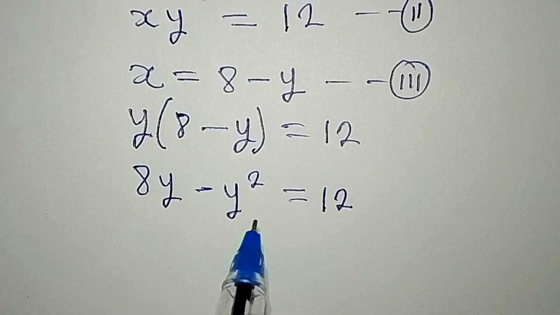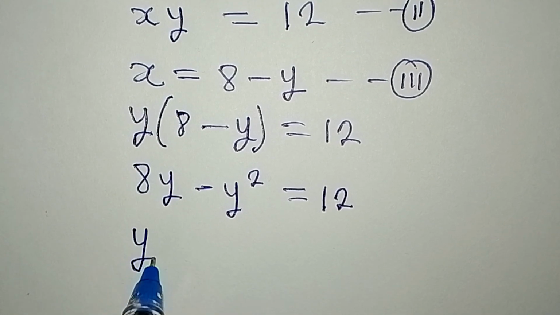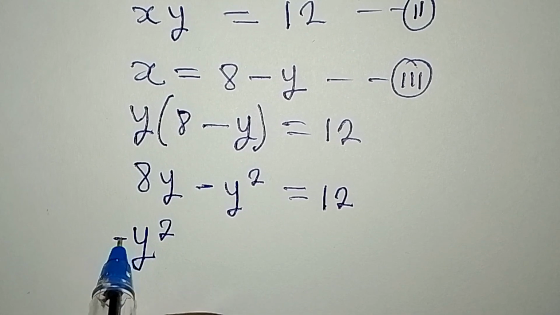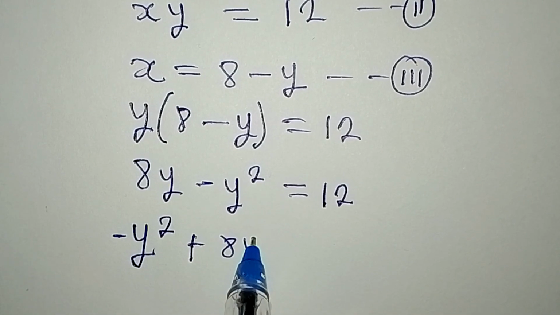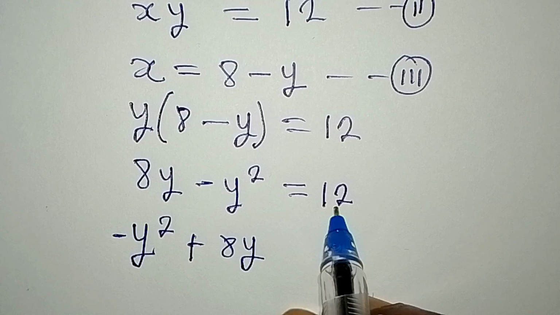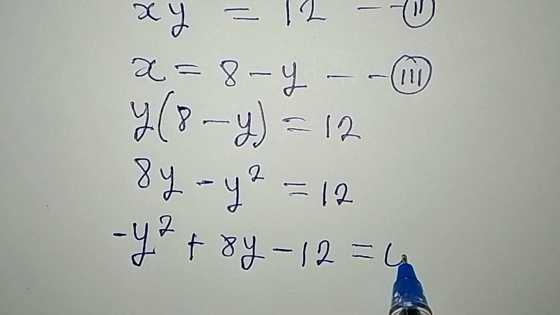And then let's write the one with the highest power first. So I'm going to write y squared, but note that it's negative, then plus 8y, then minus 12, and then equate everything to 0.